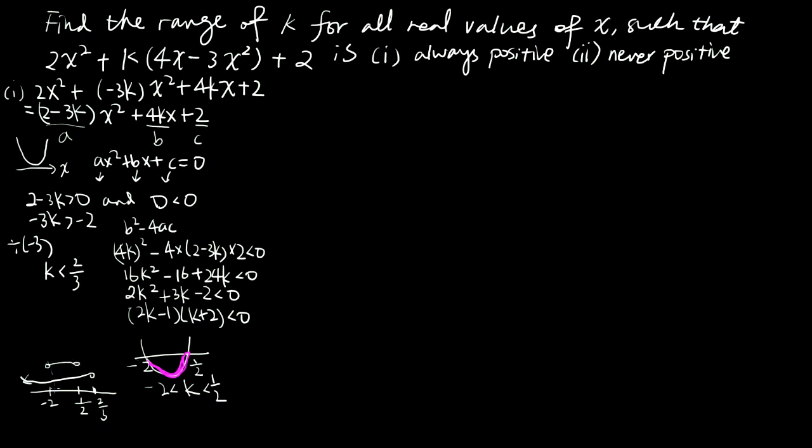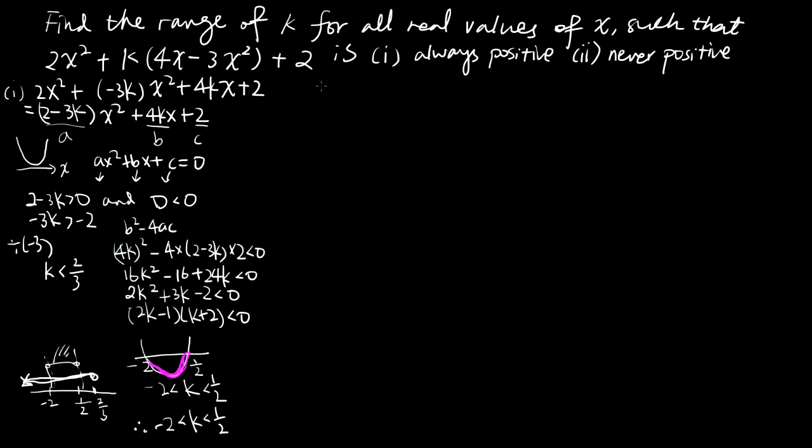What is the overlapping area? It will be this part, right? So the final answer is that k should be between negative 2 and a half. Bear in mind the condition is 'and', so both inequalities must be satisfied. That's why we are looking for the overlapping area.